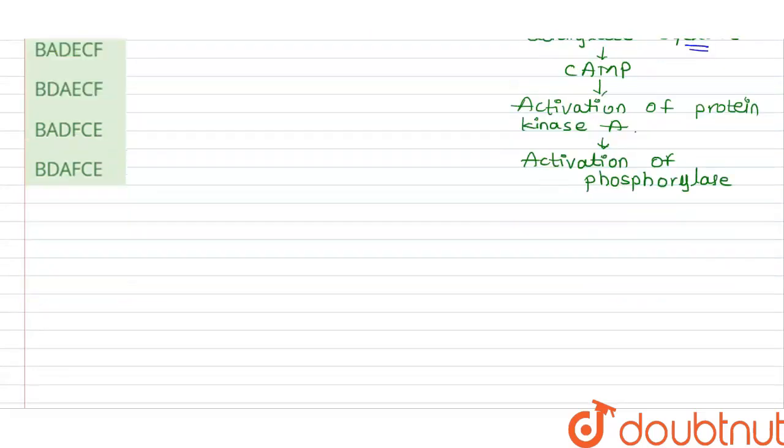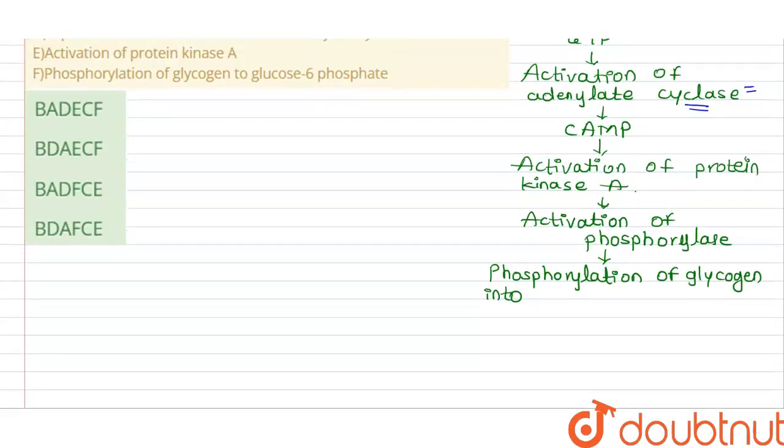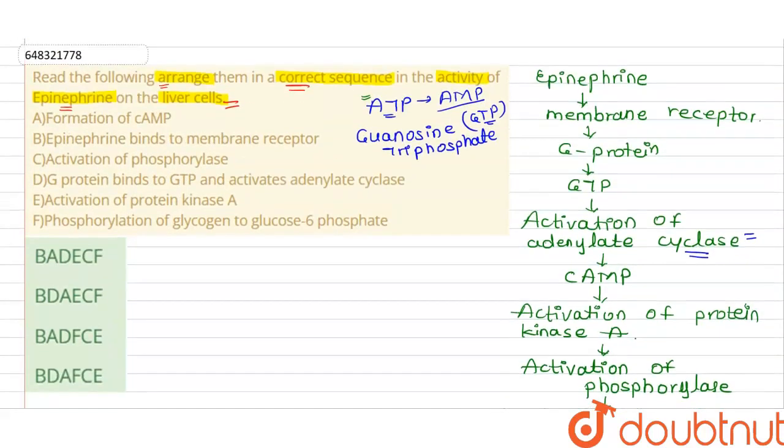So phosphorylation of glycogen will take place, glycogen into glucose 6-phosphate. Understand? So this is the correct sequence by which epinephrine acts on the liver cell.